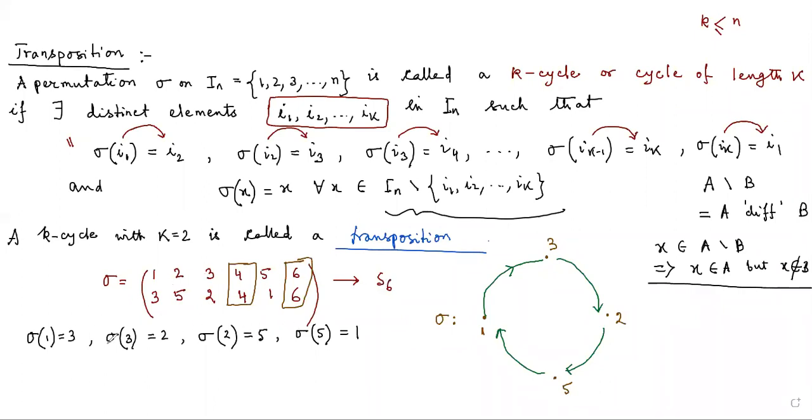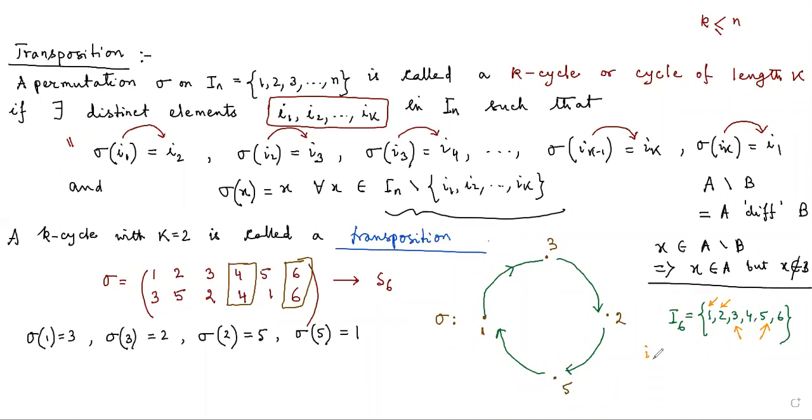Now this cycle, how many elements are actually in it? If I want to compare this example with the definition given above, here I_N is your I6, which has the first 6 natural numbers 1, 2, 3, 4, 5, 6. From these first 6 natural numbers, you are only considering 4 natural numbers: 1, 2, 3, and 5.